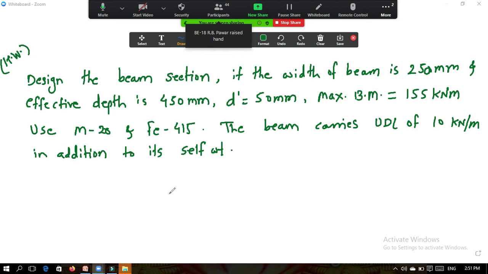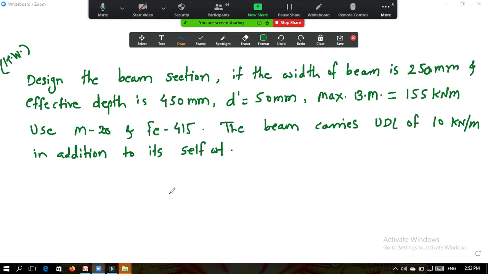So if you add these two loads, you will get the total load and use the formula WL by 2 so that you will get the shear force. Then calculate nominal shear stress tau V, then calculate tau C, check whether it is safe or unsafe. If it is unsafe, go for shear reinforcement design, which we have already seen in the previous chapters.